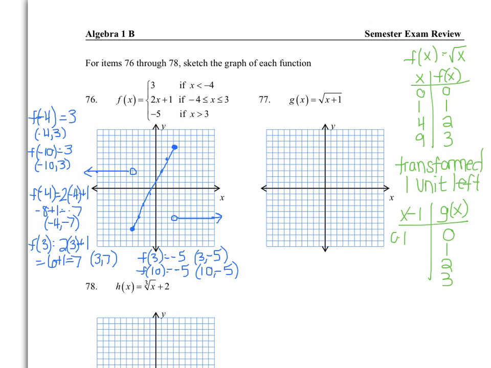But 0 minus 1 equals -1. 1 minus 1 equals 0. 4 minus 1 equals 3. And 9 minus 1 equals 8. So I'm going to plot those points. -1, 0. 0, 1. 3, 2. And 8, 3. Those are the points that I need in order to graph my function, and that's what it would look like.